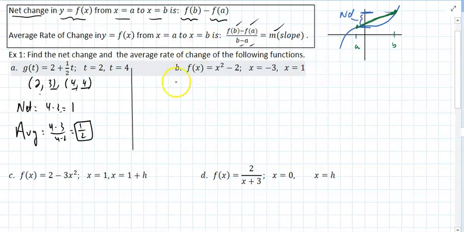If I want to deal with the net here, well, I need to figure out what these points are. If x equal negative 3, 9 minus 2 is 7. And if x equals 1, 1 minus 2 is negative 1. The net is always end minus beginning, negative 8.